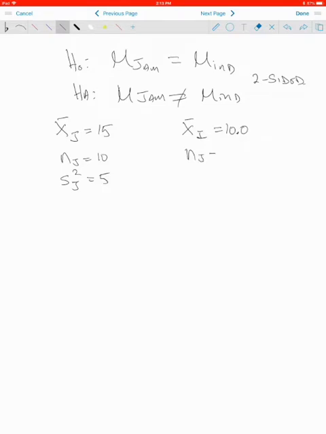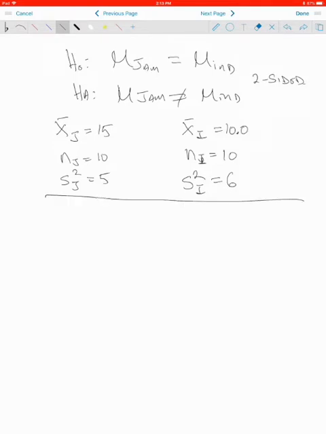The number of individuals for the Indian population was also 10, so equal sample sizes, which is a good thing to do because it's a more powerful test that way. And the sample variance ended up equaling 6. So again, there would have been raw data here, 10 individuals in each that were then measured. I've simply given you the estimates of the summary statistics that we need.